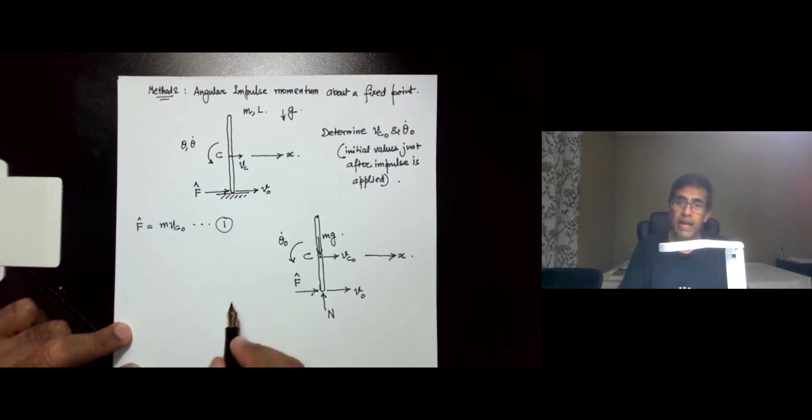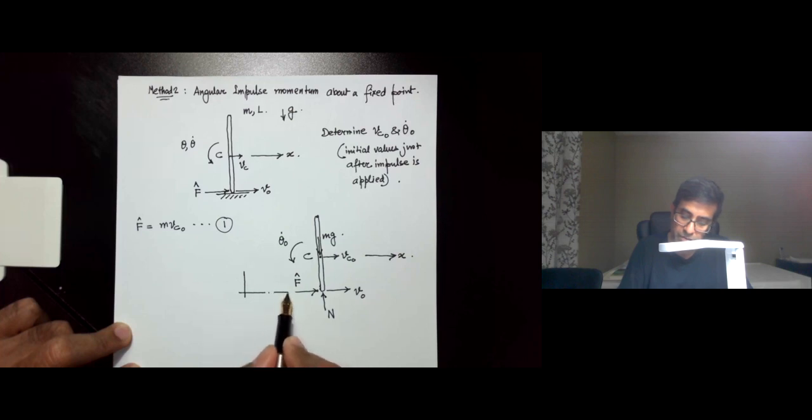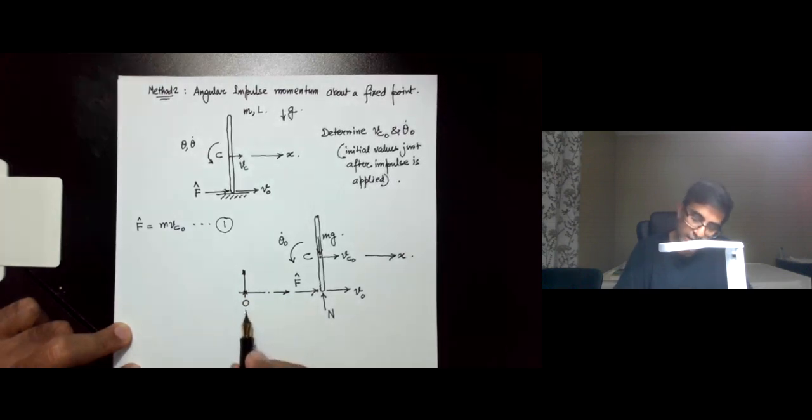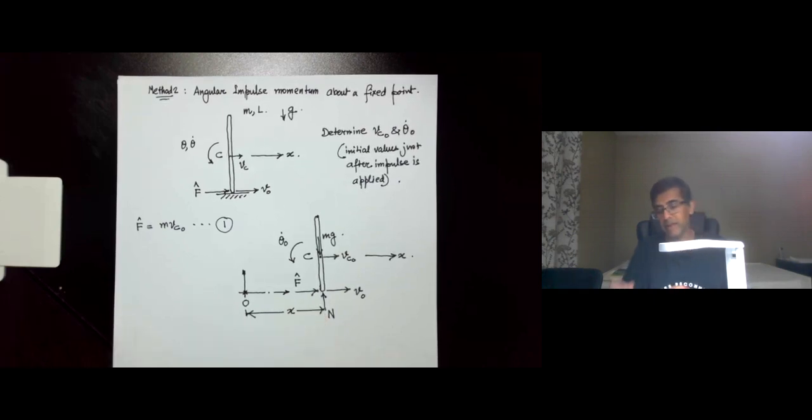Now, when it comes to the angular impulse momentum equation, in this case, we'll choose a fixed point on the ground. Let's say that this fixed point is here. Let's call this point O. And let's say that this point O is at some distance x from the bottom of this bar.